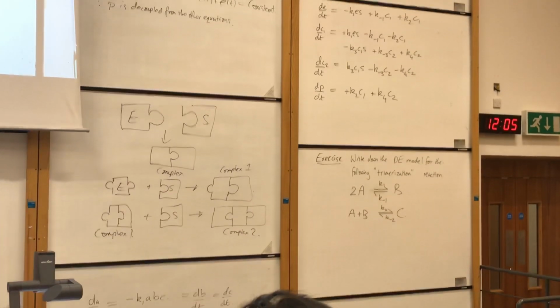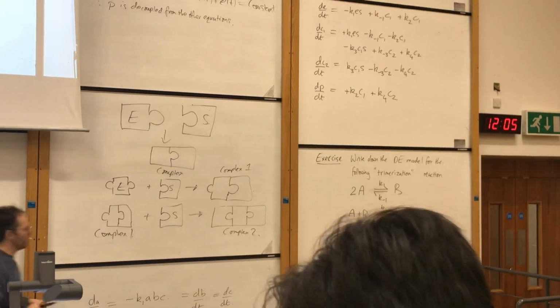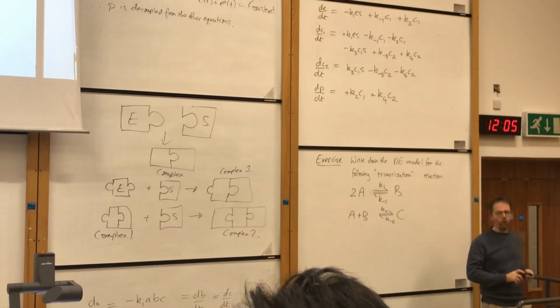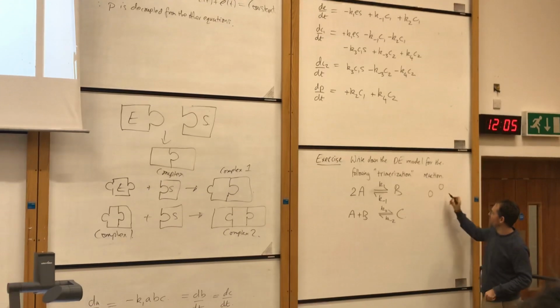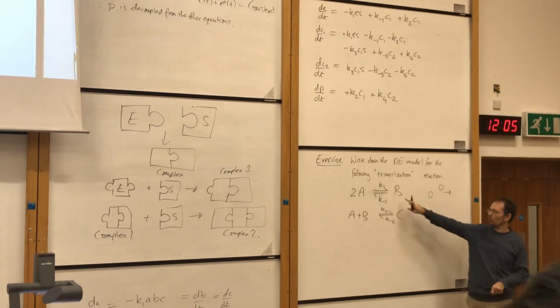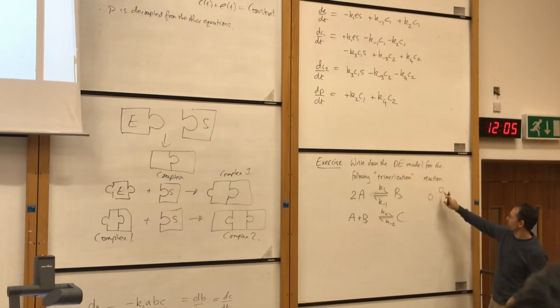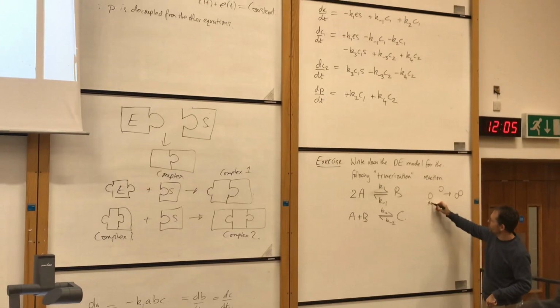This is an example of what's called trimerization. Basically in this reaction, effectively the same molecule is steadily joining together. So in this first step, two molecules of A join together to form what we would call a dimer, B. These are what we would call monomers.